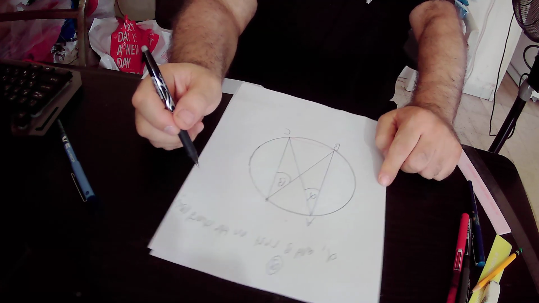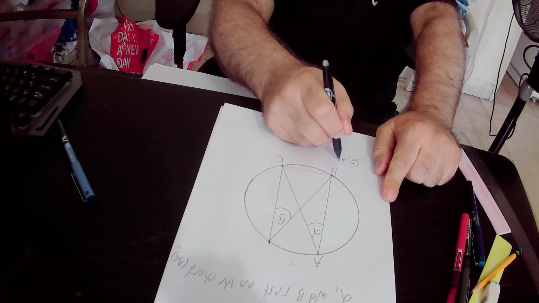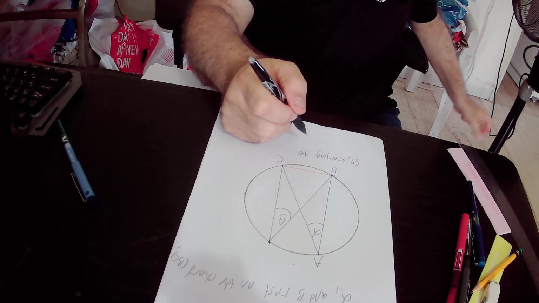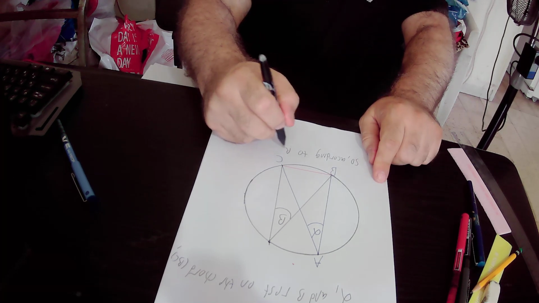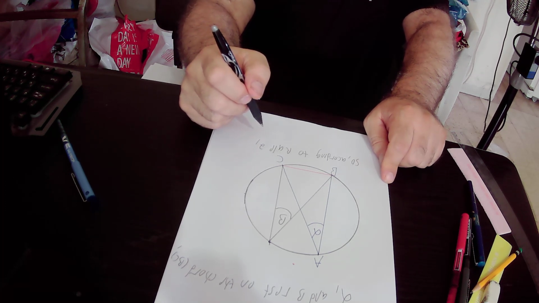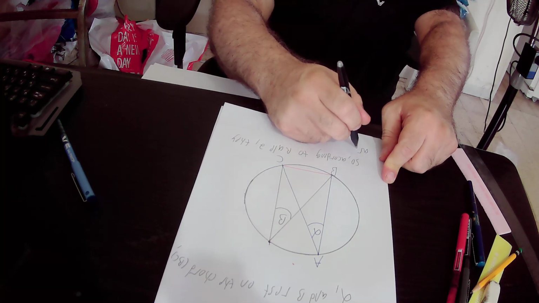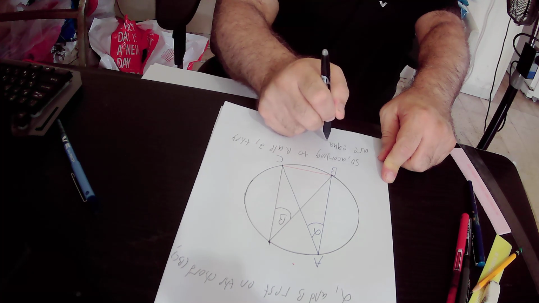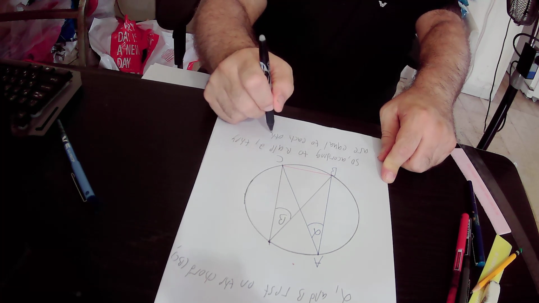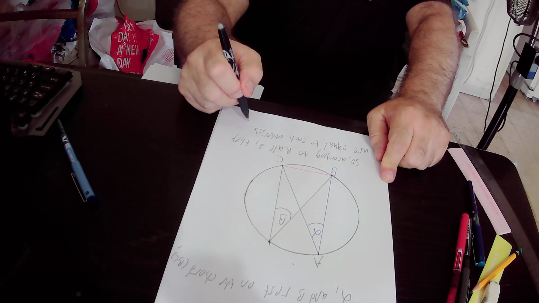For that reason, according to rule number 2, they are equal to each other. That is to say, alpha equals beta.